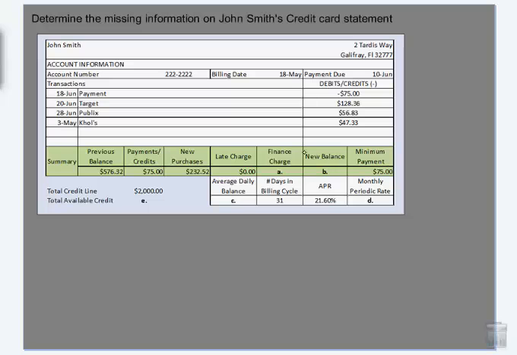I won't know the new balance until I know the finance charge. And I won't know the available credit until I know the new balance. But I can figure out the monthly periodic rate right now. So remember, that's APR divided by 12. And so that's 1.6%.